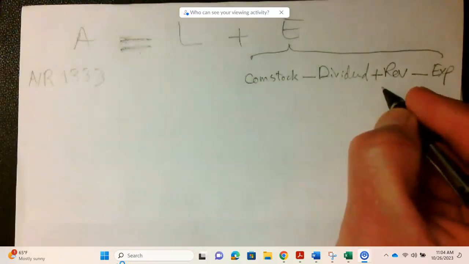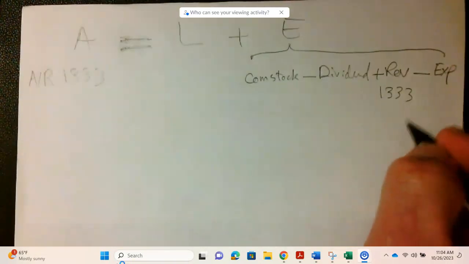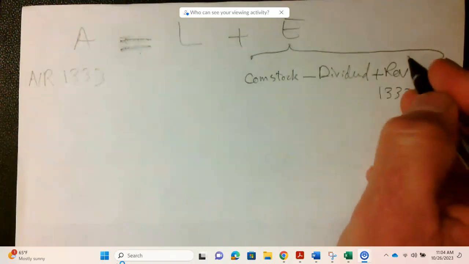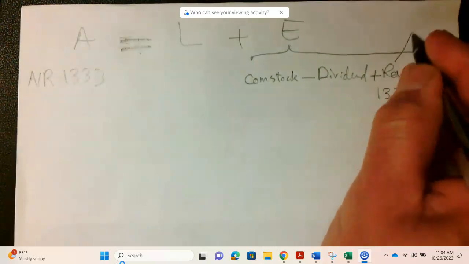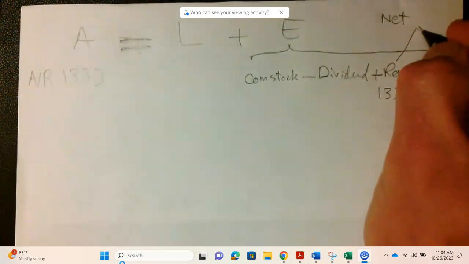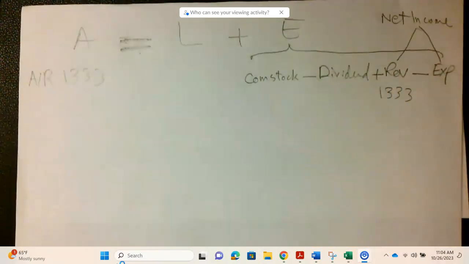The revenue will increase, which is 1333. So if the revenue is increasing by 1333, what is the result of revenue minus expense? Net income. So if your revenue is increasing, that means eventually your net income is increasing, right?